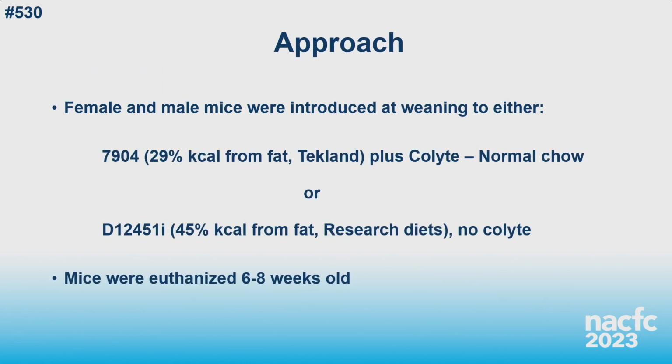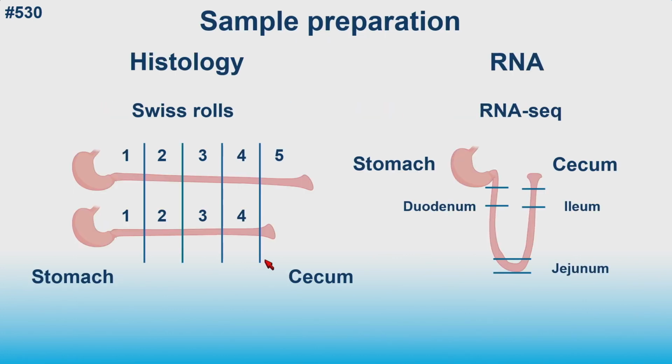Our approach consisted of introducing both male and female mice at weaning to either the chow diet plus colyte or the protective diet without colyte, and mice were euthanized at 6-8 weeks of age.